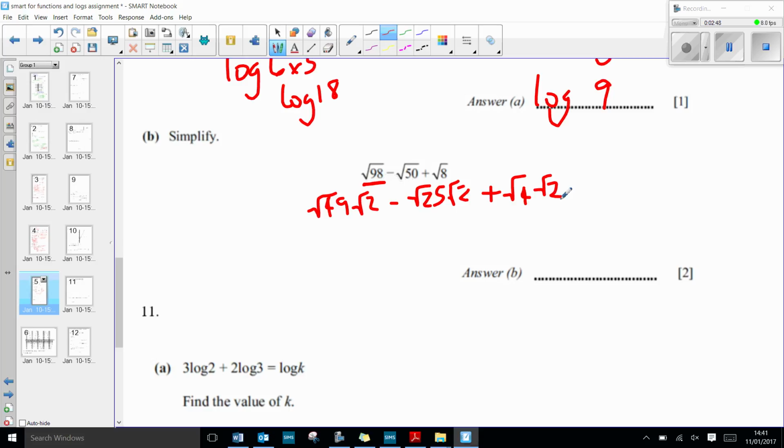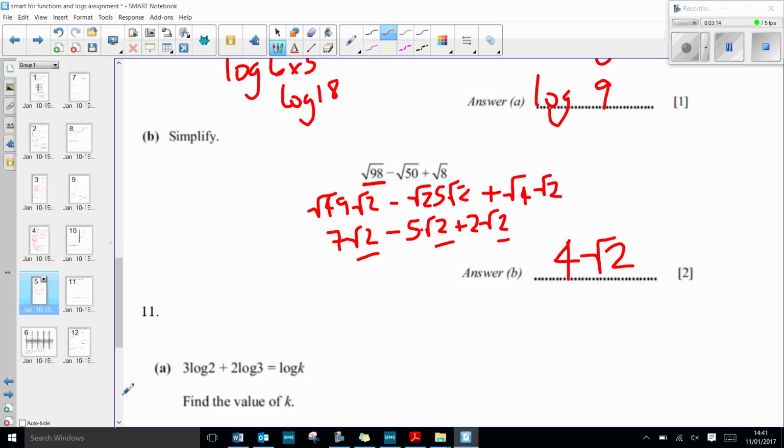So you can see what I've done is change them each into expressions with root 2 in them. I know that the square root of 49 is 7, minus 5, plus 2. We treat them as though they are algebraic terms, so we would say 7 take away 5 is 2, plus 2, so the answer is 4 root 2.